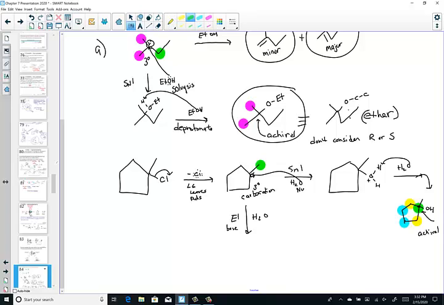I have 1 set here, and I have 2 equivalent sets here. Those are identical. So I can see 2 unique alkenes forming. One of the alkenes will be di-substituted, and the other alkene will be tri-substituted.